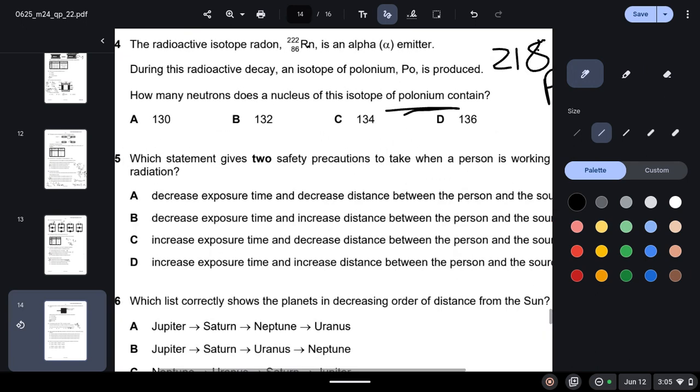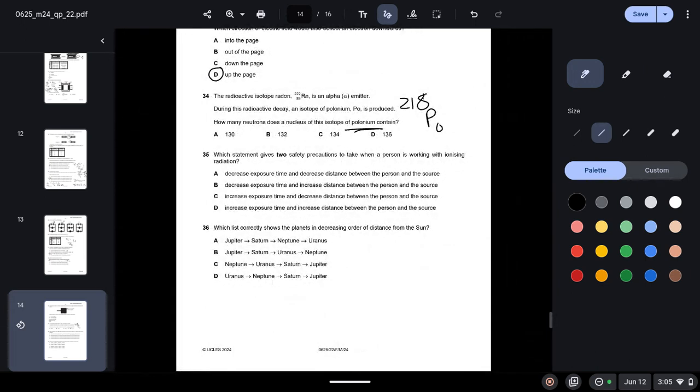This is 86, so this would become 84. Now you can calculate the neutrons of the polonium: subtract 84 from 218 and you will get 134.